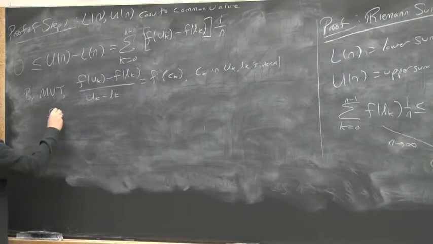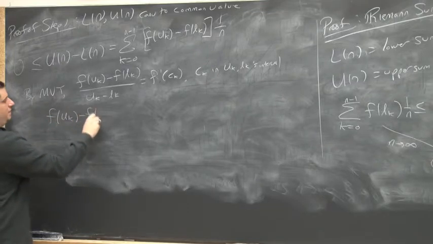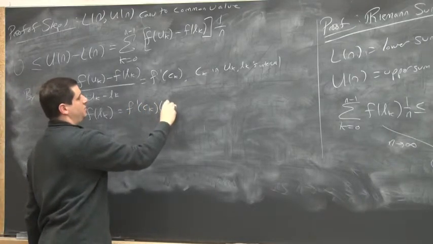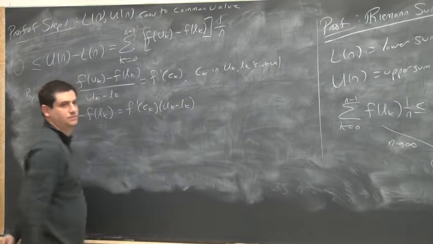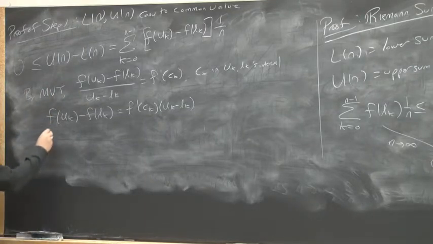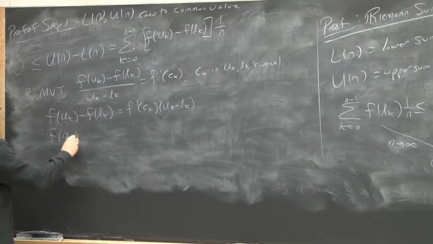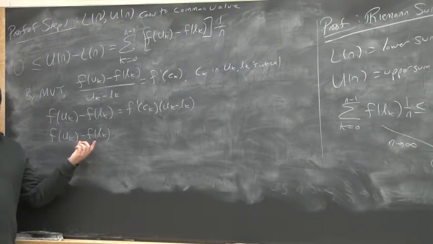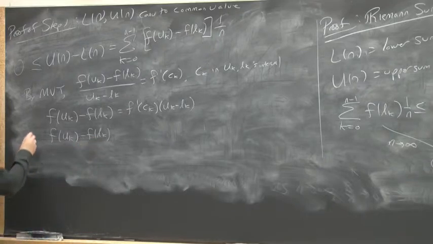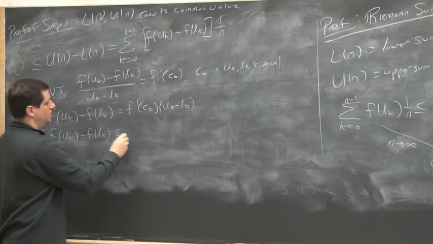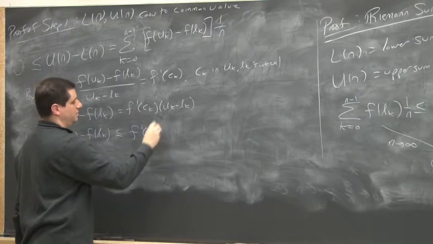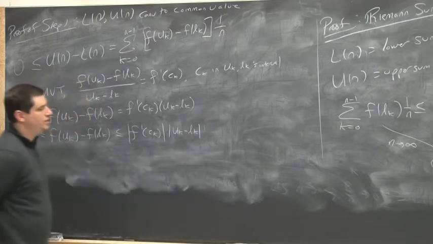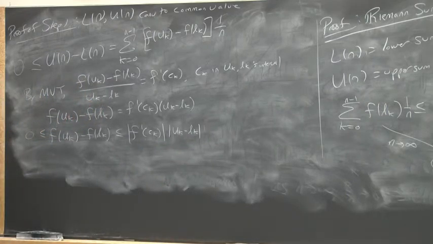So this means f of uk minus f of lk is f prime of ck times uk minus lk. So f of uk minus f of lk, I'm not going to bother putting on absolute values because I know this is non-negative. This is less than or equal to f prime of ck times uk minus lk. So now I need to figure out how big these things can be.